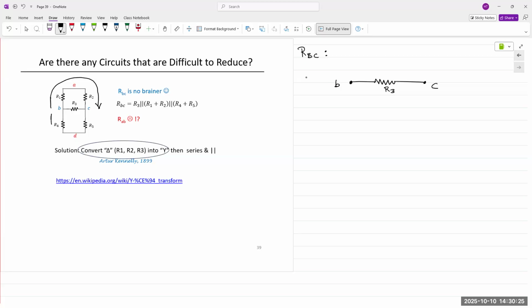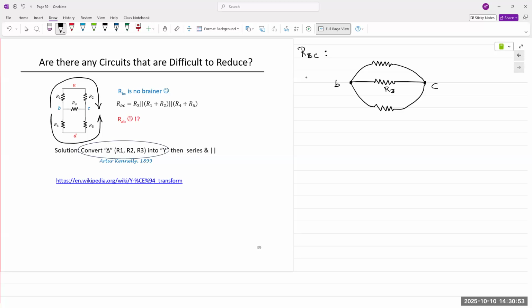And the same thing with the bottom loop. So anything that is in that bottom pathway is combined as one single Req and is in parallel with R3. So I can represent this as one single resistance.